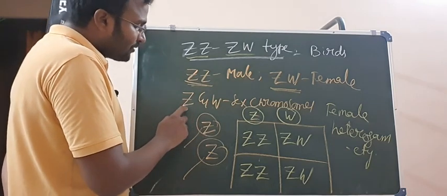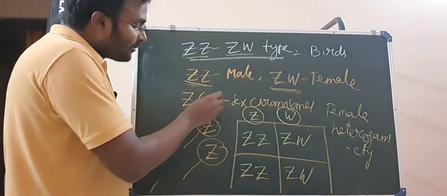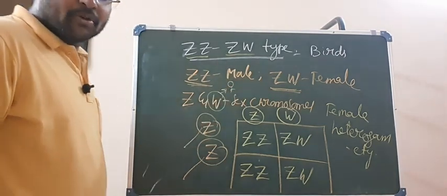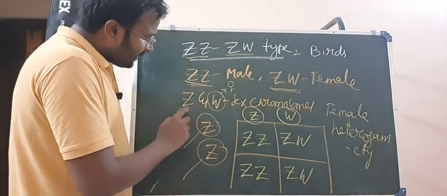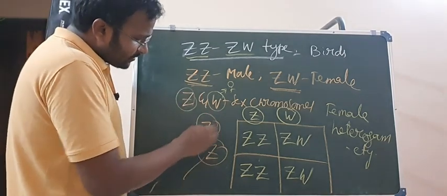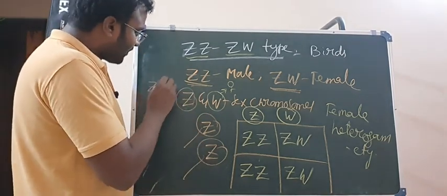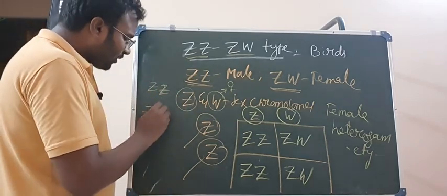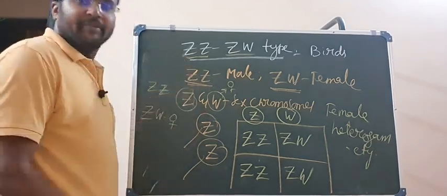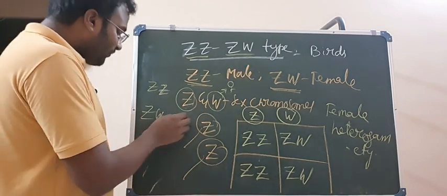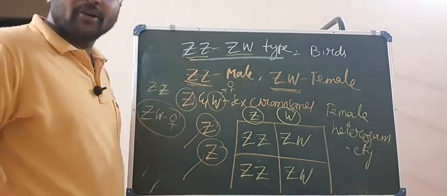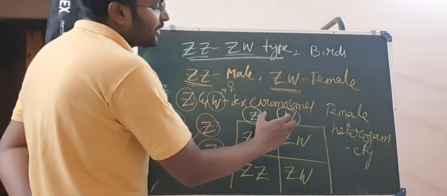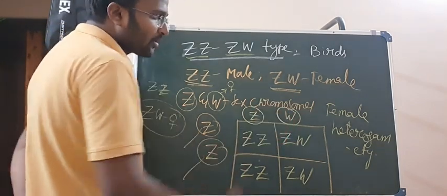If two Z chromosomes are present, then that is male. If Z and W are present, then that is female. So here the female is the one that decides the gender of an individual, where different types of egg cells, Z and W, are formed.